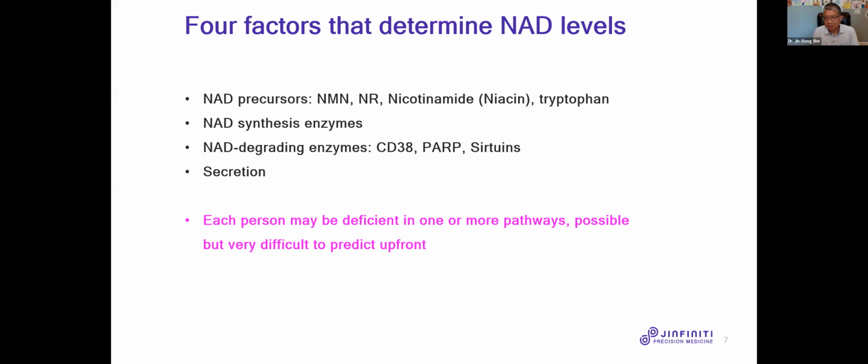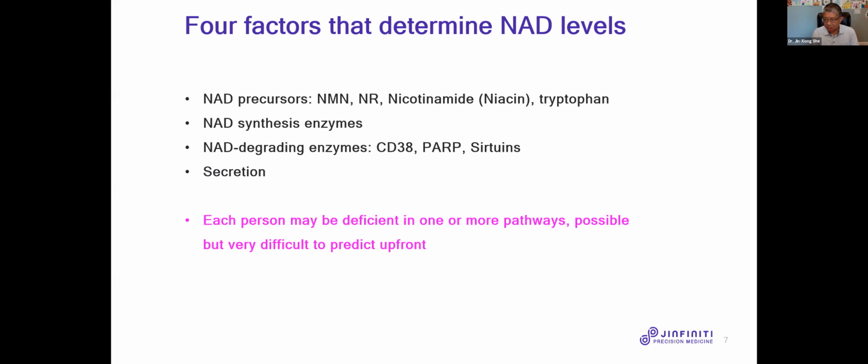And the second factor is there are several enzymes that are required to make the NAD molecule, and these enzymes can be deficient or suboptimal in many individuals, especially when we age. The third factor is what I call NAD degrading enzymes. And these are enzymes or proteins that require NAD as substrate for their function.